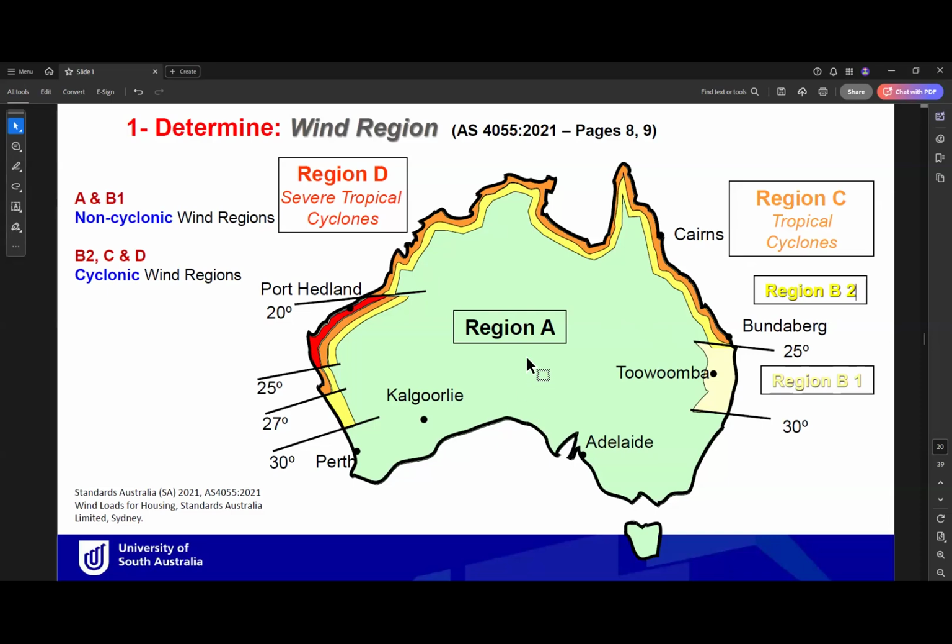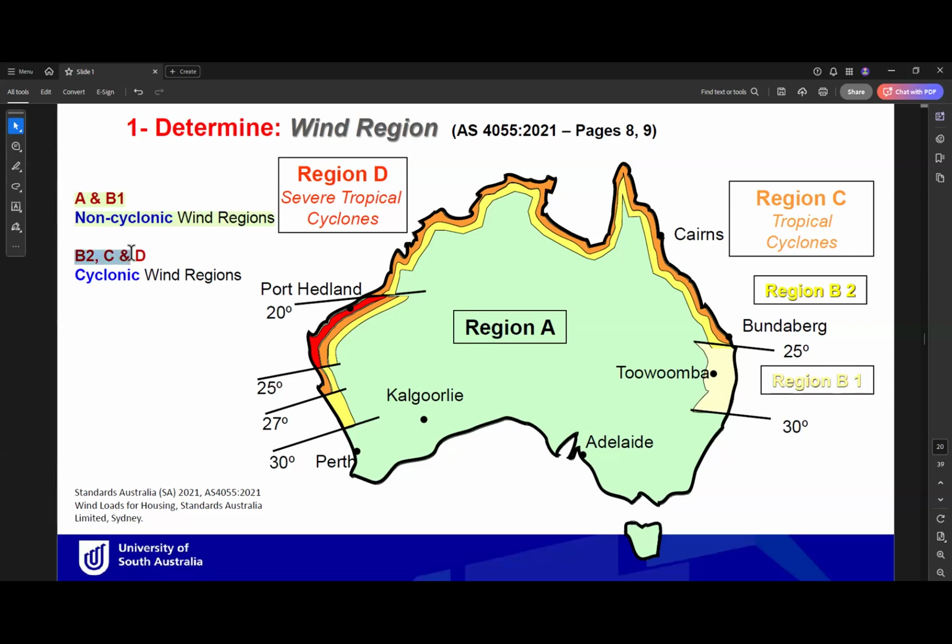Region A is the least extensive one, and the wind becomes more extensive when you move from B1 to B2 to C to D. So the most severe is region D. Regions A and B1 are considered non-cyclonic wind regions, so no cyclones are expected in those areas.